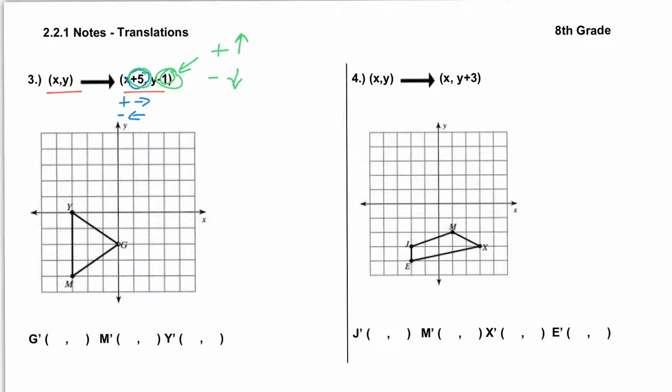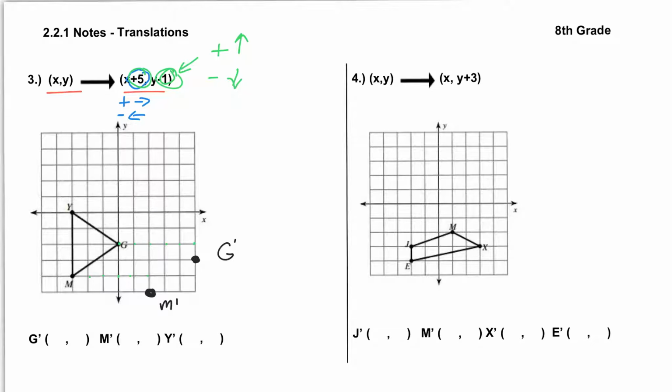So let's start with G. We're going to go 1, 2, 3, 4, 5 units to the right and 1 unit down, and there is our G prime. Could do the same thing for M. Count 1, 2, 3, 4, 5 units to the right and 1 unit down. There is our M prime.